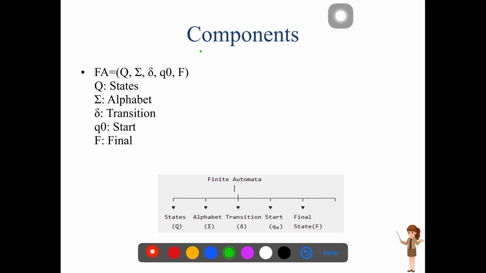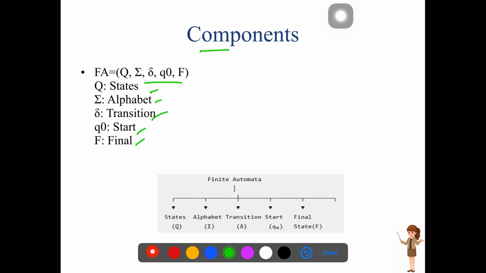The components. The basic components of finite automata are mathematically represented as FA equals Q, sigma, delta, Q naught, and F. Q represents the set of all the states available in the finite automata. Sigma represents the input alphabet which contains all the possible input symbols.